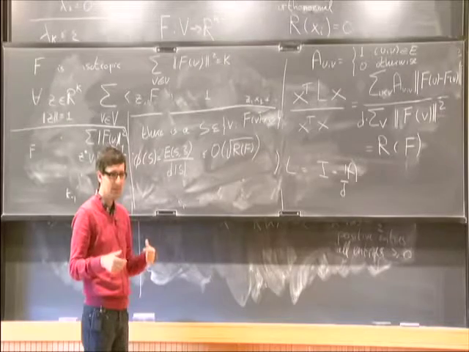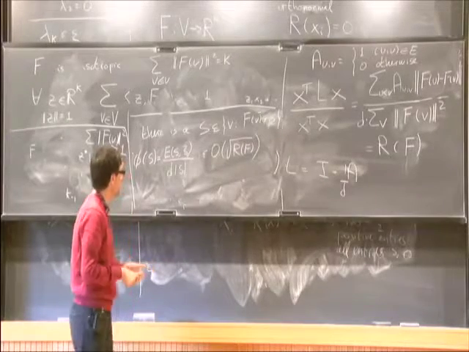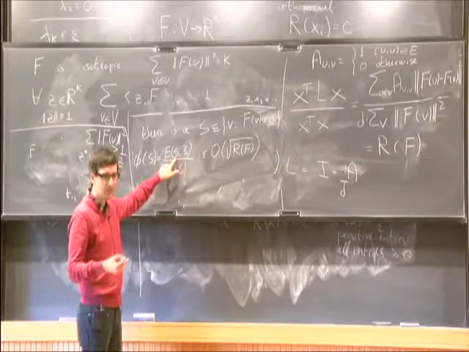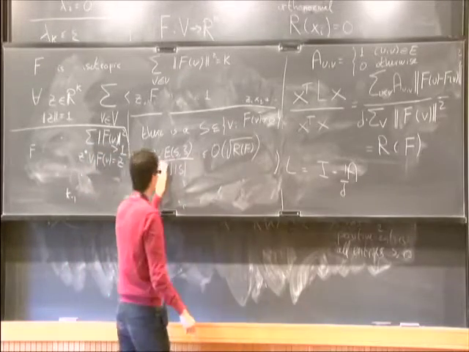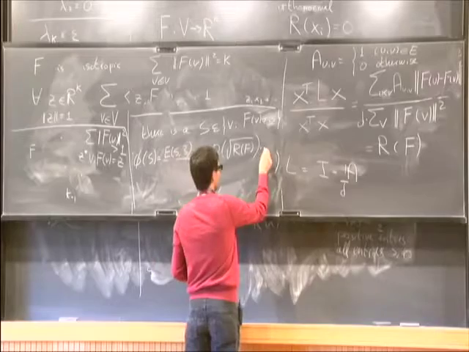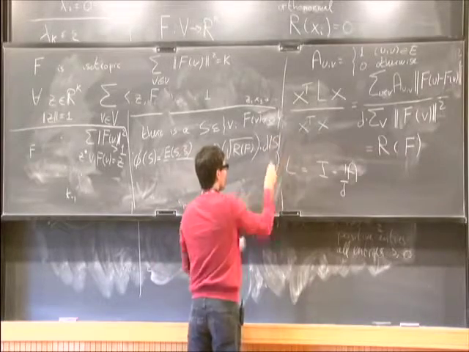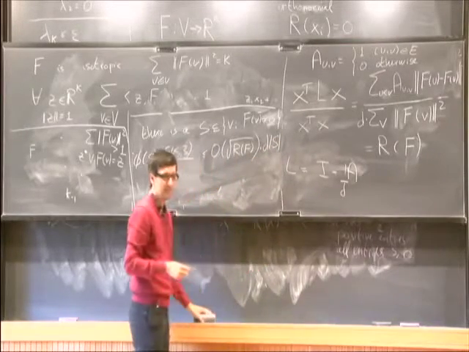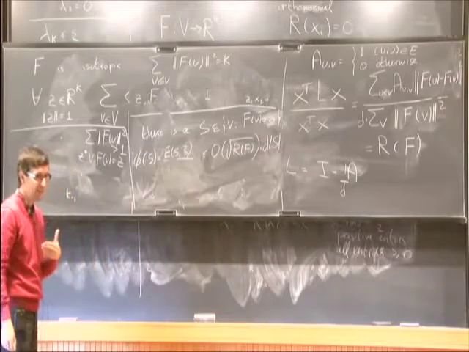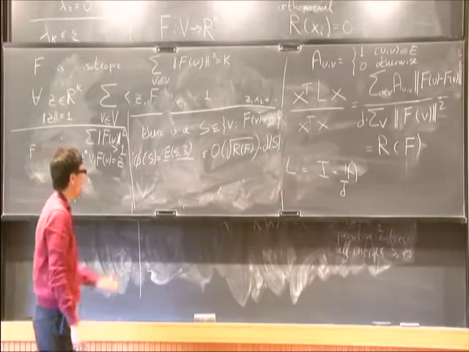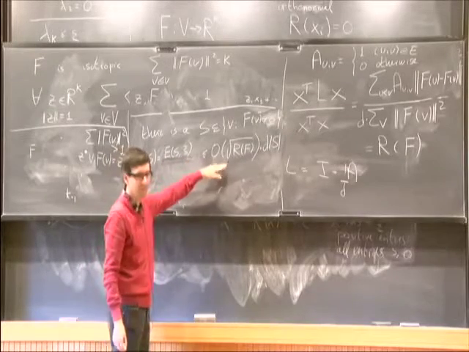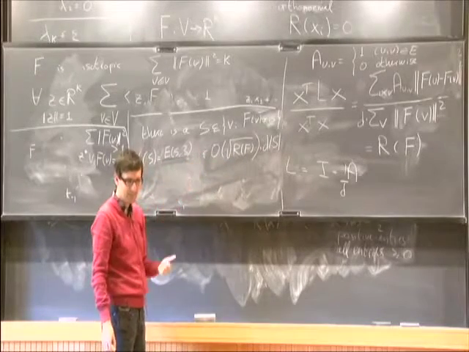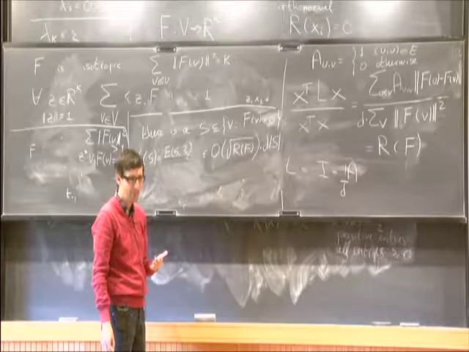So then, if S is the whole set of vertices, then it is true that the number of edges from S to S complement is bounded.